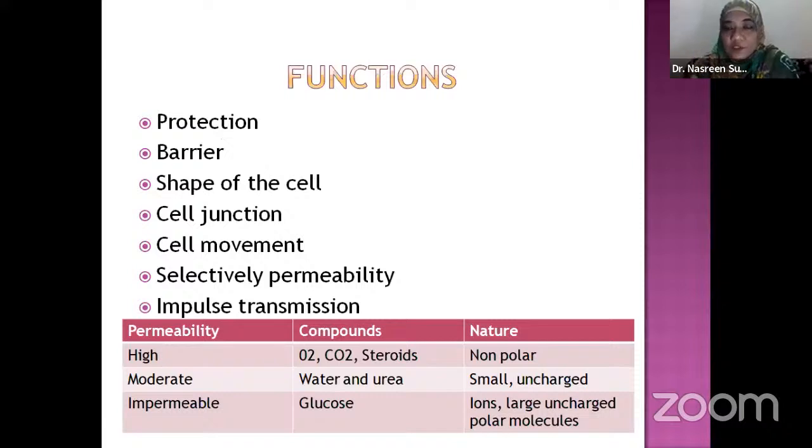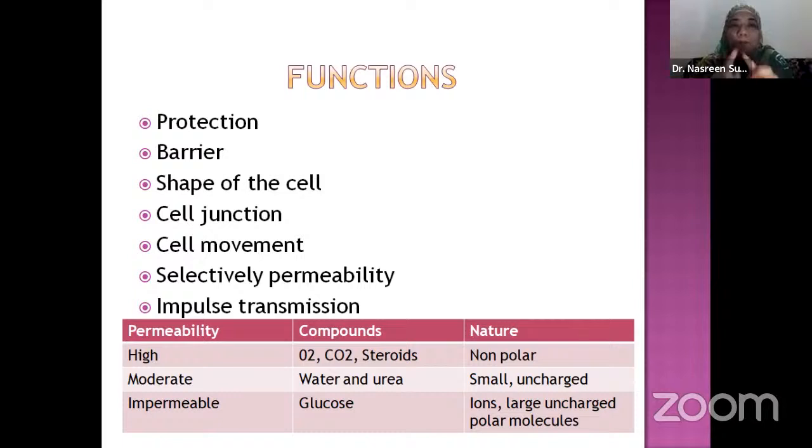Now coming to the functions of a plasma membrane. The main function of a plasma membrane is to protect a cell from toxins and from damage. It serves as a barrier for toxins, drugs and foreign material to enter into the cell.